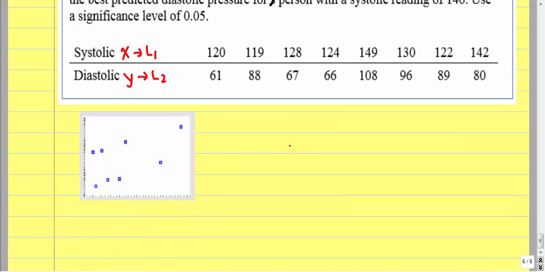My concern here is that this doesn't appear to be very linear. I don't know if it's going to pass that correlation coefficient test of rho equals 0 versus rho not equal to 0.